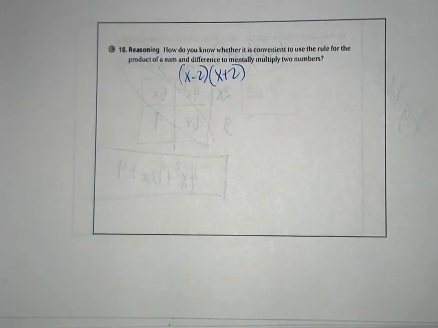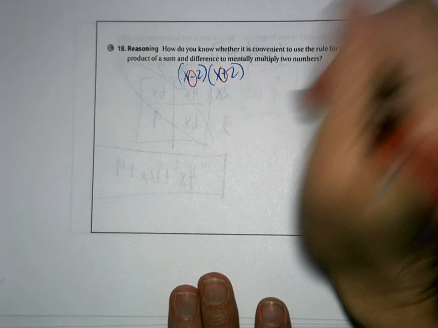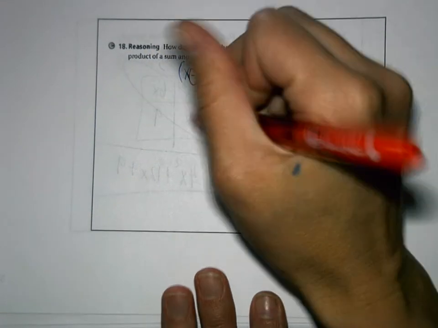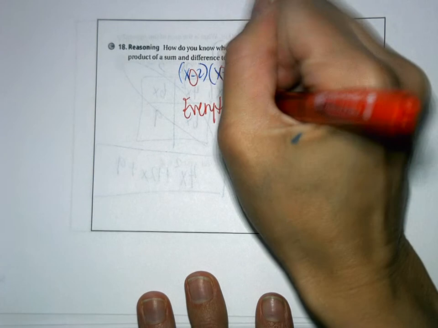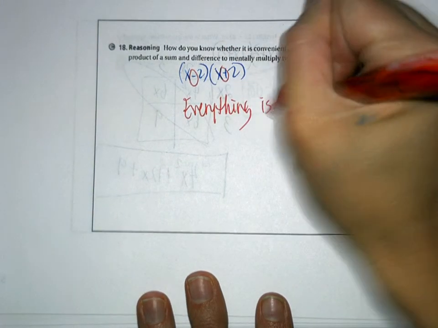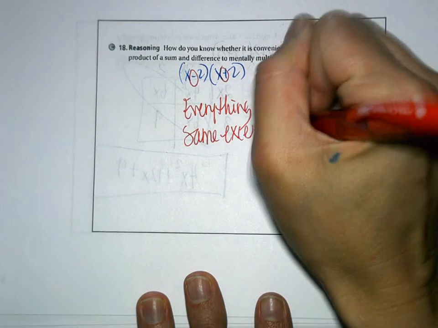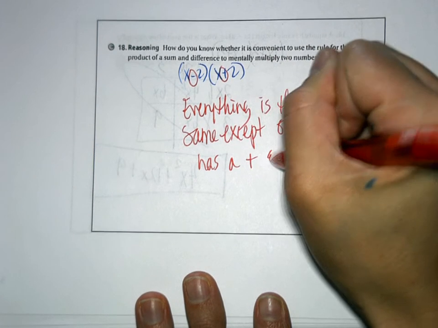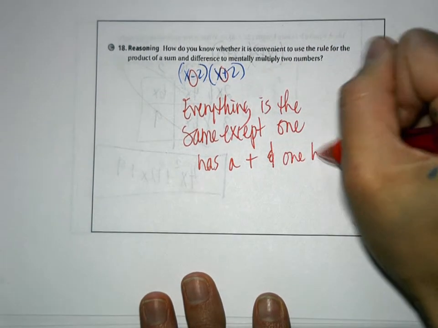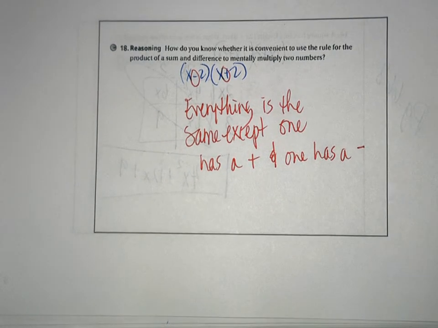It's a plus and a minus. And more than just a plus and minus, when everything's the same except for one has a plus and one has a minus. Okay, any questions on anything?